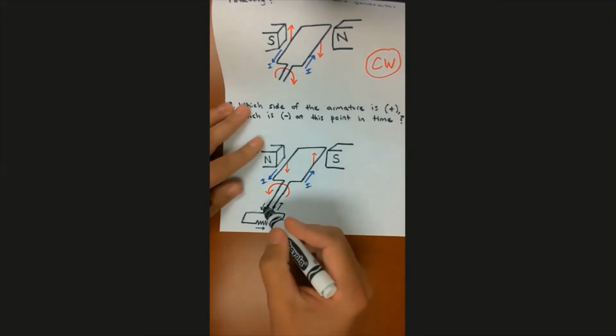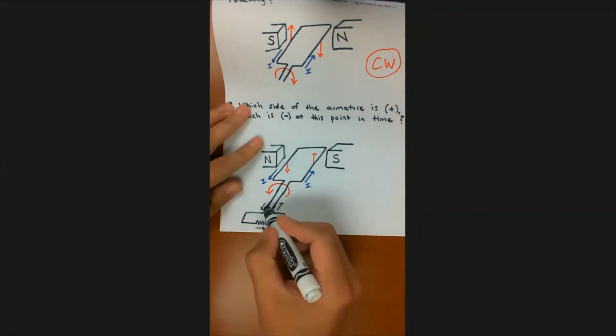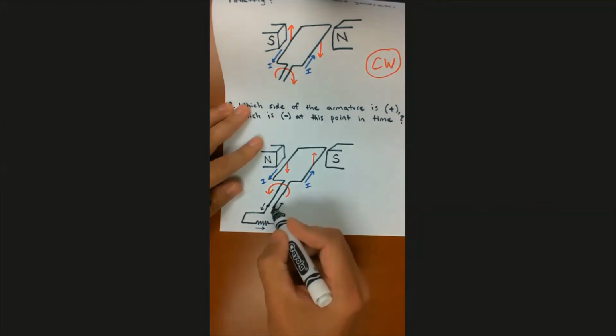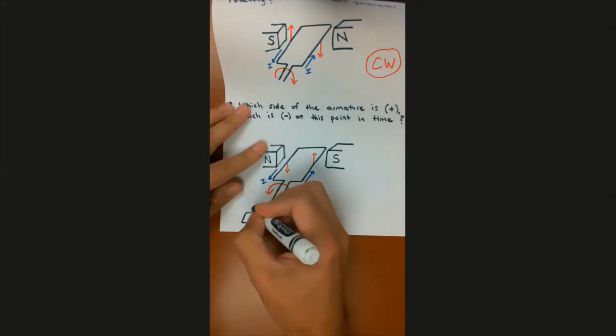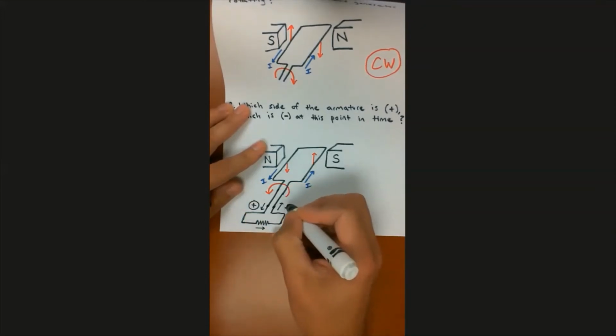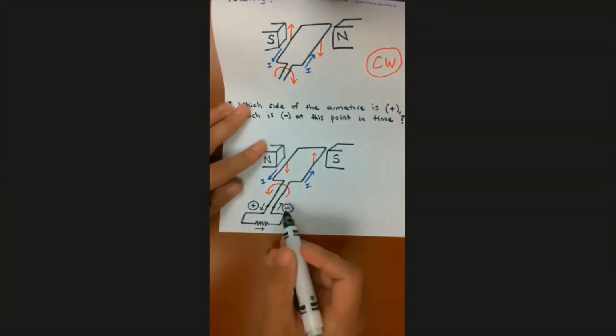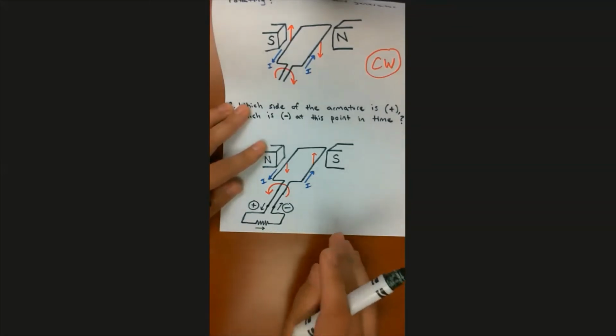And current is flowing from this side of the generator through the load and back into this side of the generator. So if it's flowing from this side to this side, and we know that the current flows from the positive to the negative, that must mean that this side is the positive side and this side is the negative side of the armature at this point in time.